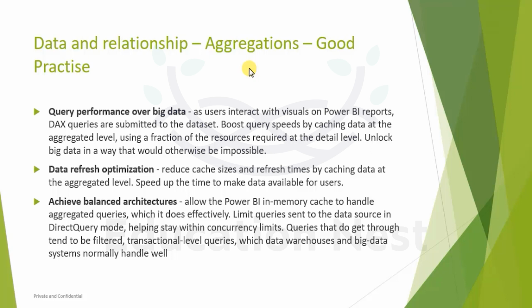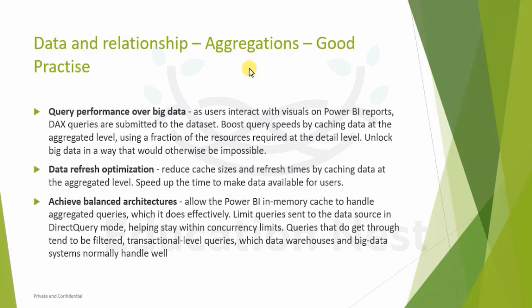That is how. So the idea is, when you are dealing with a huge amount of data which cannot be imported in the Power BI desktop, you would definitely fall back on direct query. But when doing the direct query, you would also have to push certain filters so that the data coming into your system via direct query is up to 10 lakh rows, or otherwise 1 million rows. Data refresh optimization: reduce the cache size and refresh times by caching the data at aggregate level.